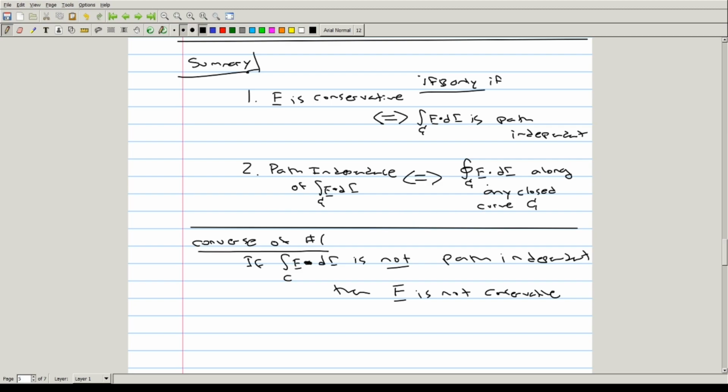Because we have that the line integral along any closed curve C should be equal to 0. And I forgot to write this: equal to 0 along any closed curve C implies path independence. What this means is that because we found a path for which it's non-zero, this integral is not path independent, and therefore, because it's not path independent, the function is not conservative.